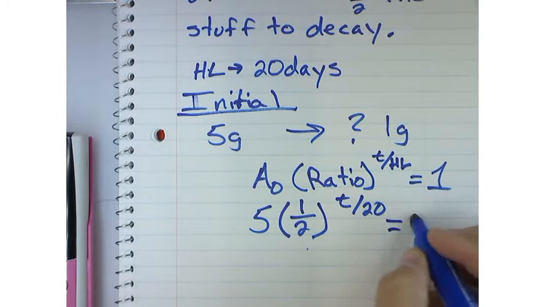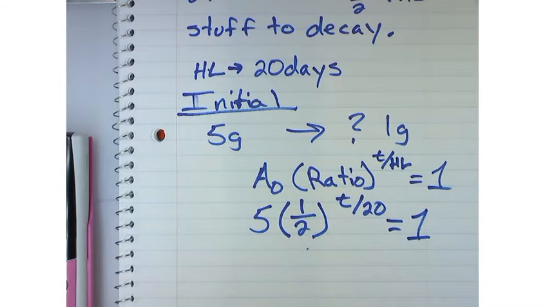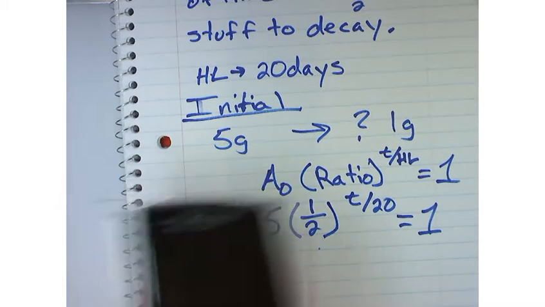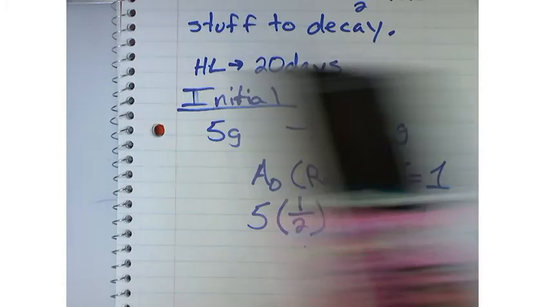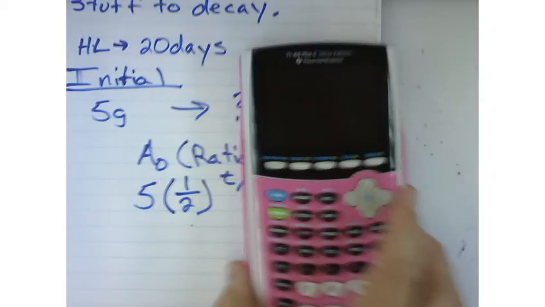Now, what's the best way to solve this? Now, I taught you guys last year that we could go in and take the natural log and do all that fancy stuff. But for today, let's figure out the quick and easy way. Does anybody know how to do this the quick and easy way? I do. So what I'm going to do is let's just graph the function and then see when it equals 1.